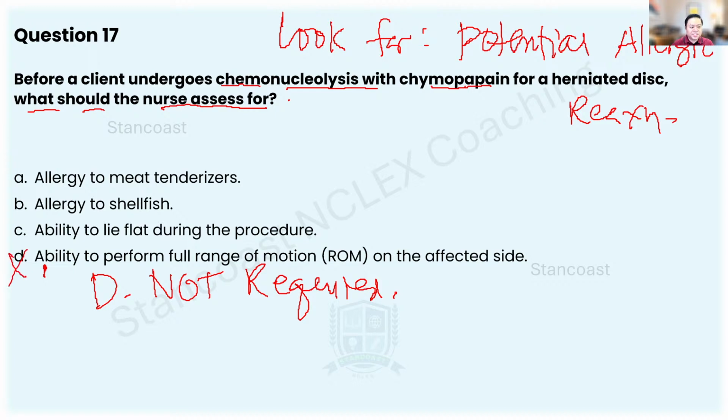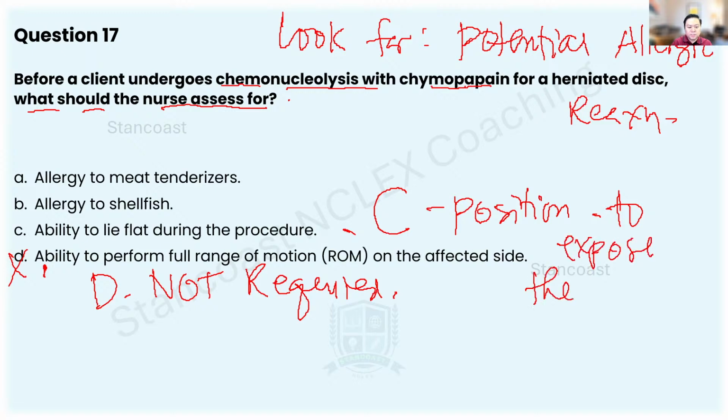What about letter C? Ability to lie flat during the procedure. Guys, remember that the patient will be injected onto the site. If they're going to lie flat, will it help expose the site? No. The patient here should be in a C position to expose that area where the injury is, to expose the vertebra.